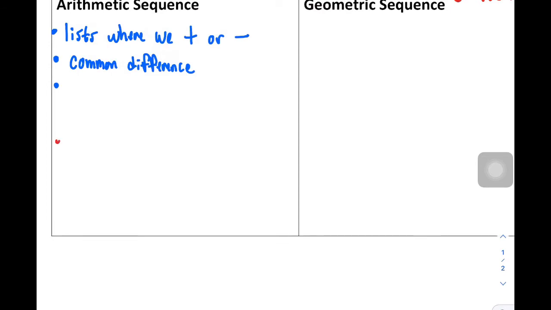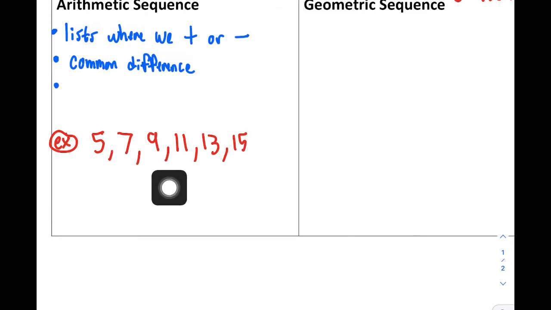Let me give you an example here. I'm going to start with the number 5. And let's say 5 is my first term, and I'm going to keep adding 2 to each term. So my first term is 5, my second term is 7, my third term will be 9, add 2 again, fourth term is that, add 2 again, let's add 2 again, and let's say I'll stop after 6 terms.